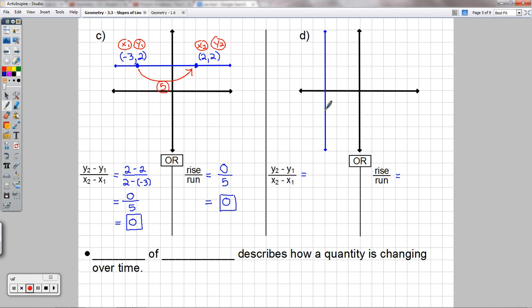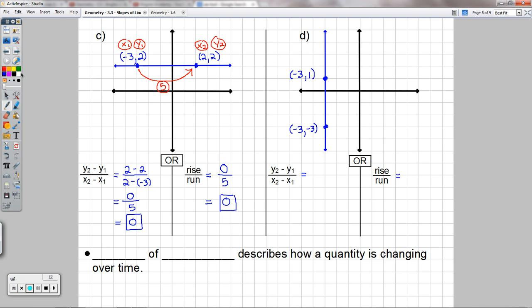On this last one, I'll go with this point right here, negative 3, negative 3, and I'll go negative 3 and 1. Here, this is the line x equals negative 3, because the x value is always negative 3. I'm going to label the points: negative 3, negative 3, and negative 3, 1.